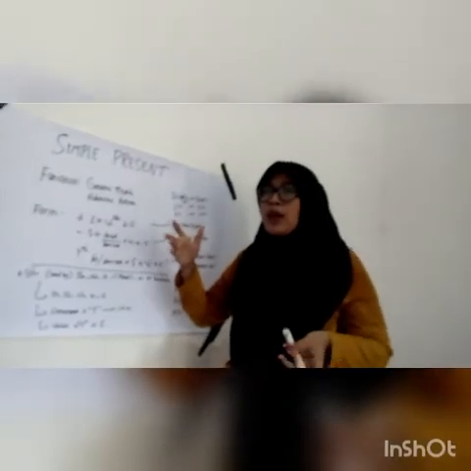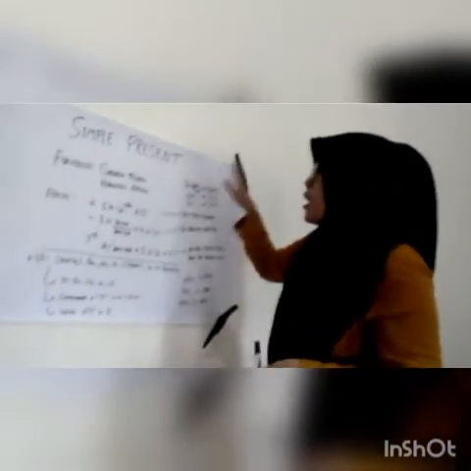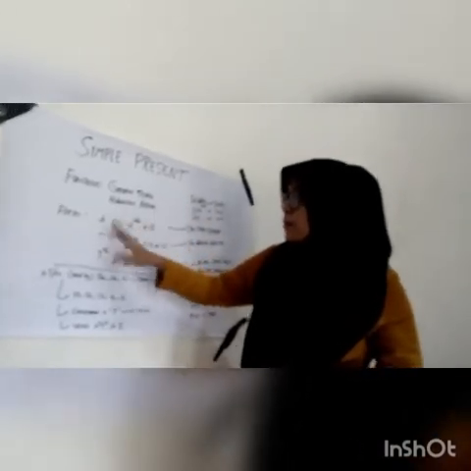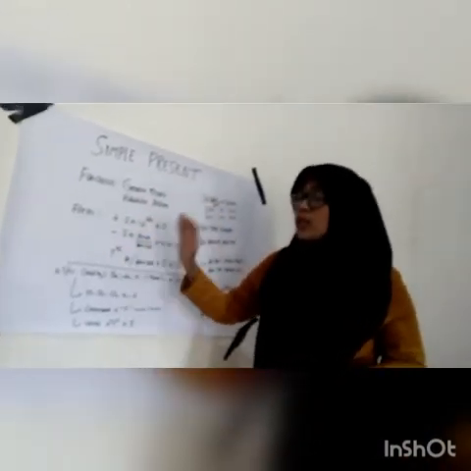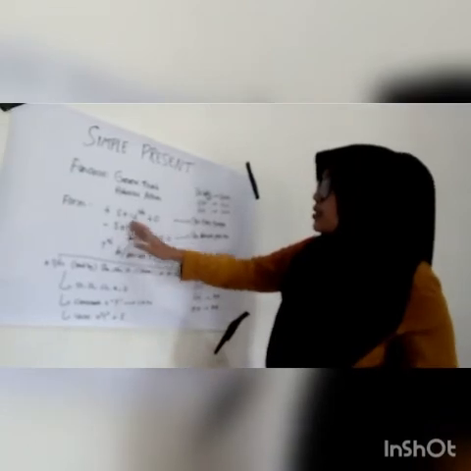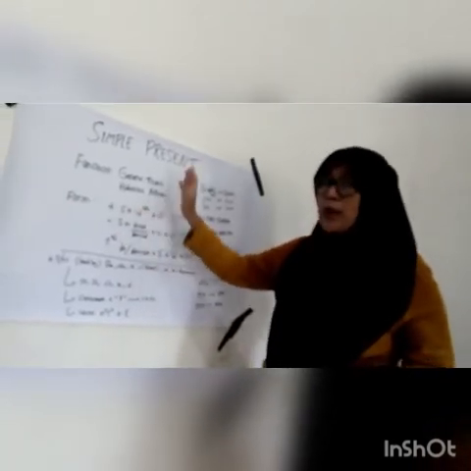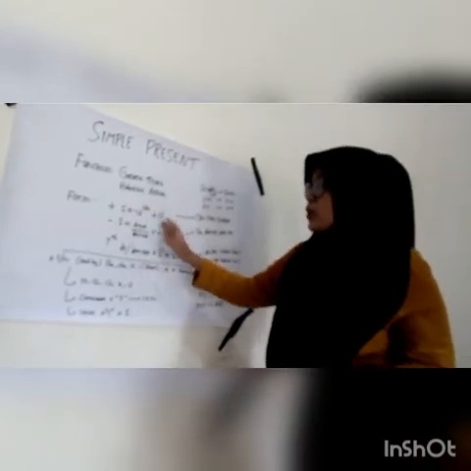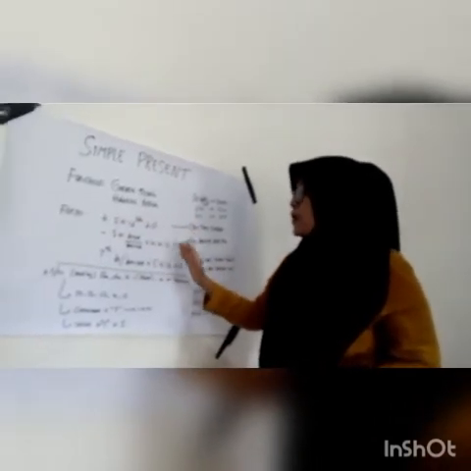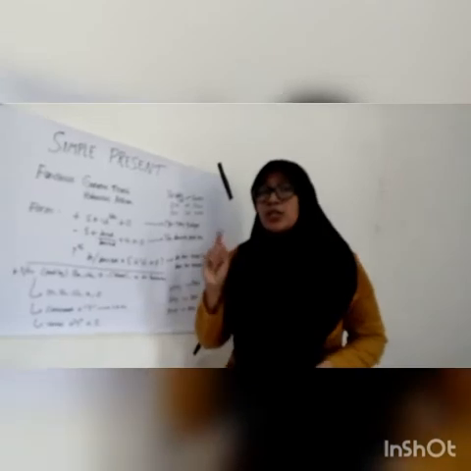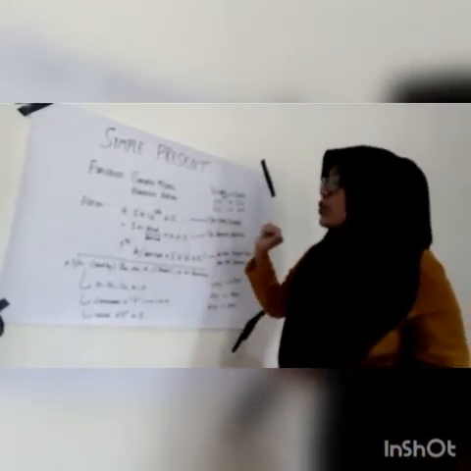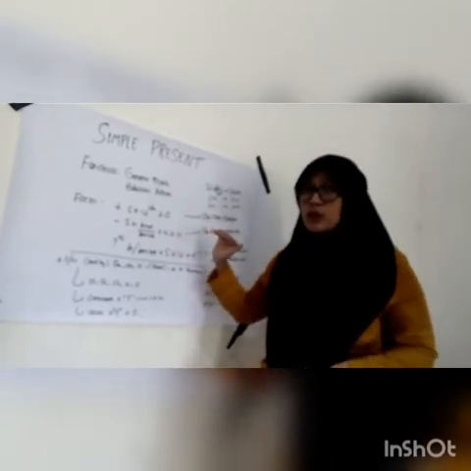Yes, something like behavior. And the formulation of simple present tense has positive sentence, negative sentence, and interrogative sentence. Positive sentence: subject plus verb 1, additional s or es, plus object. Negative sentence: subject plus don't or doesn't plus verb 1 plus object. She, he, it use doesn't; I, you, we, they use don't.